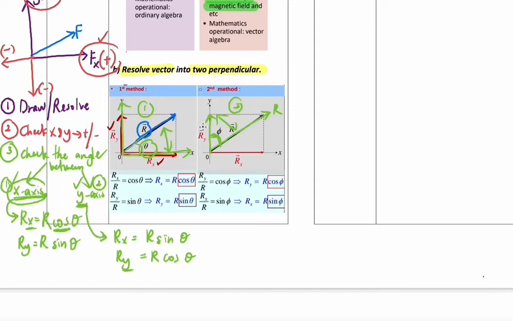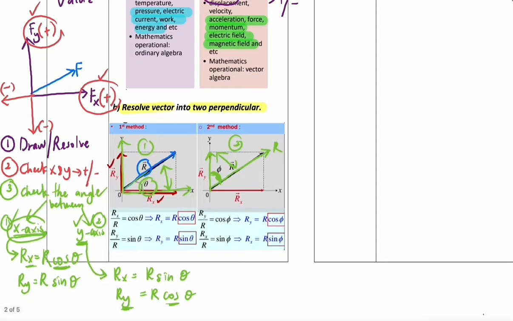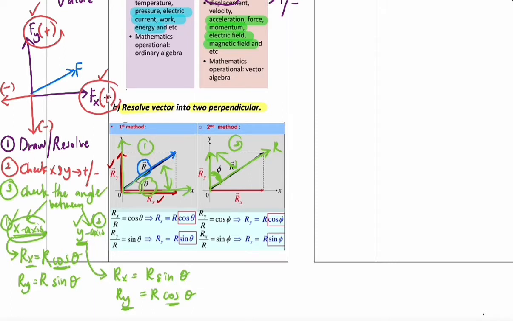Tapi if it's dikepit between the y-axis, y akan jadi cos and x akan jadi sin. Okay, so remember we check the positive and negative tadi. Tadi kita dah check yang positive and negative kan. So we know the x is positive, so kat sini akan jadi positive, dua-dua positive. So the value would come inside here. It's okay kalau tak faham lagi, nanti bila kita buat soalan you would see, you kan nampak.